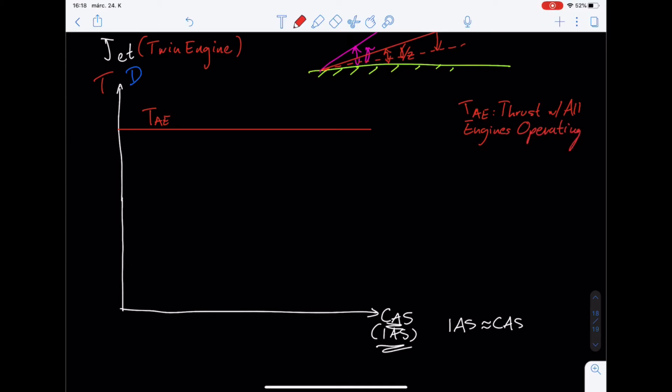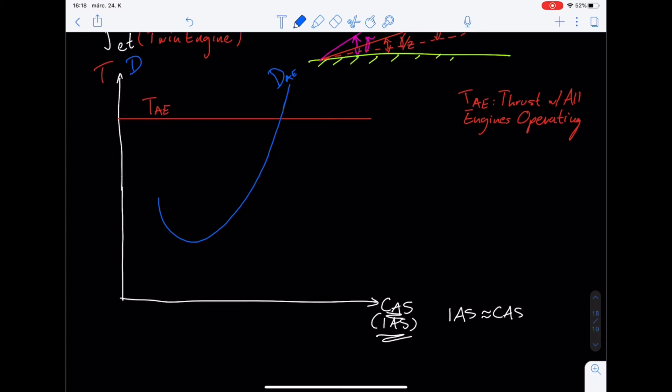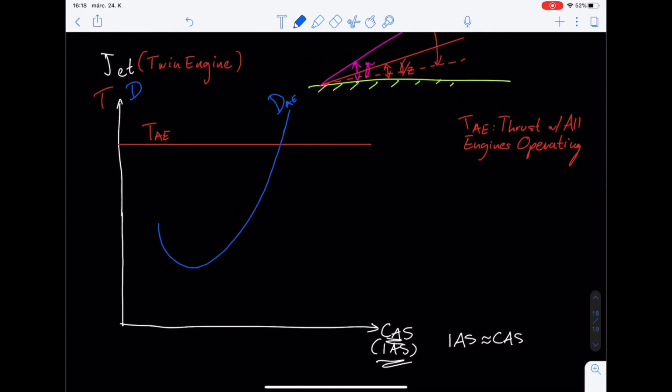This is a nice constant right there, and this would be the drag being generated with all engines operating. Why we make this differentiation here is going to be interesting in just a second.